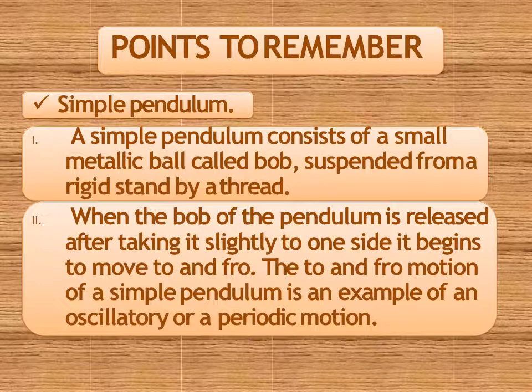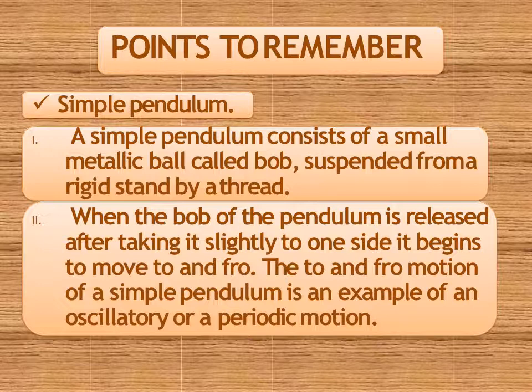The to and fro motion of a simple pendulum is an example of an oscillatory or periodic motion. The thread oscillates, and those motions are periodic.